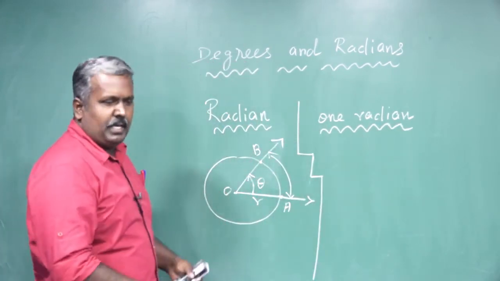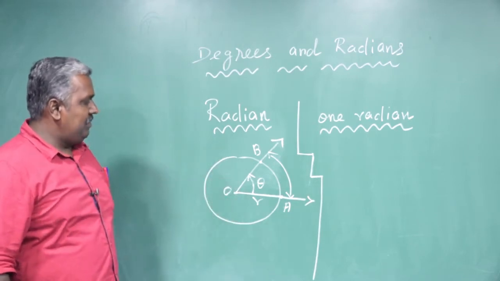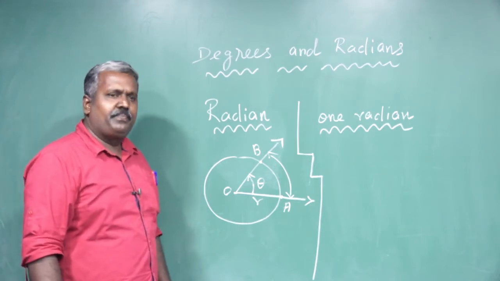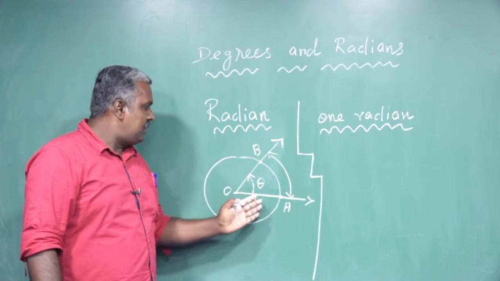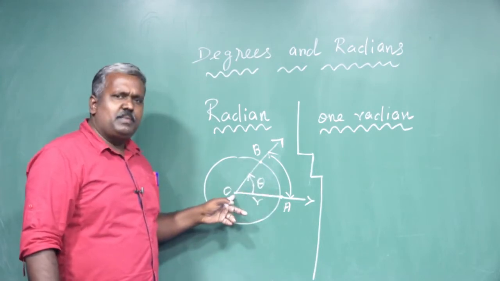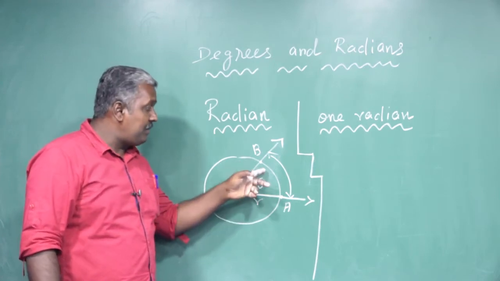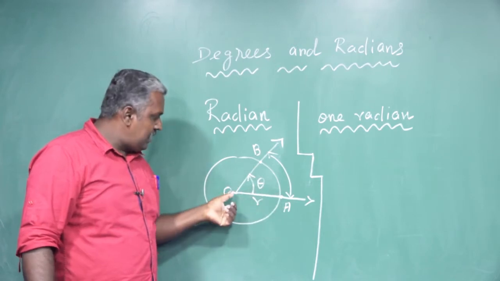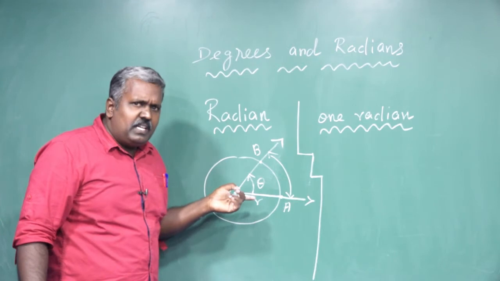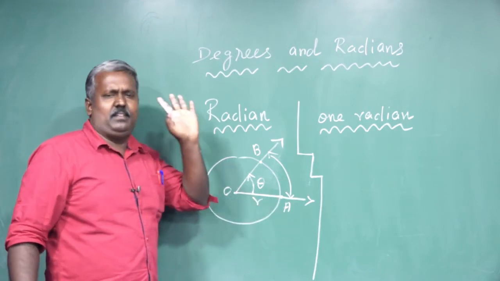One radian. Listen. See this diagram. 1 radian is defined as the angle subtended by the circular arc at the center of the circle, that is equal in length to the radius of the circle.